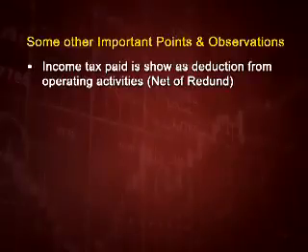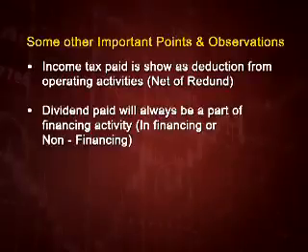Next point, dividend paid is always a part of financing activity, maybe financing company, maybe non-financing company, but dividend received is an operating income for a financing company, whereas it is an investing income for all other companies, right?